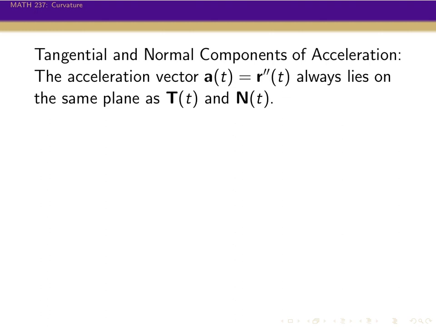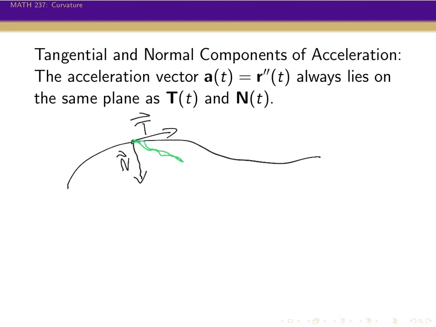The idea is that anywhere on a curve, particularly in 3 space, if we pick some point, we can draw the unit tangent and the unit normal at that point. The acceleration vector is going to be lying on the same plane as the unit normal and the unit tangent vector. This is a fact that it has to happen.